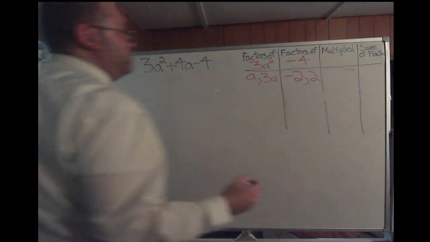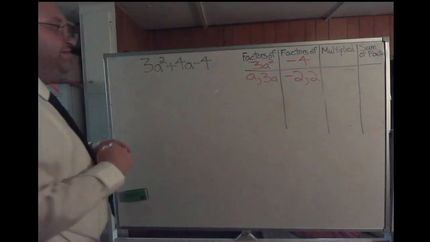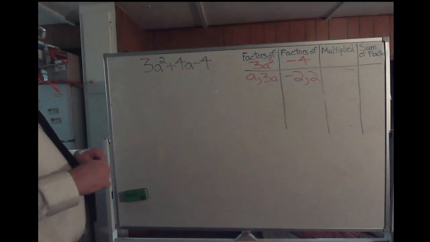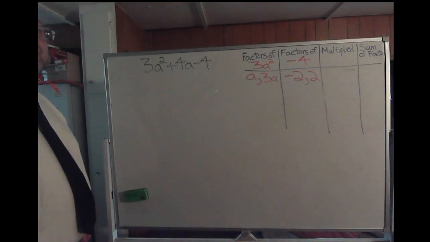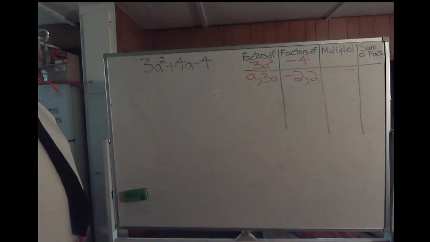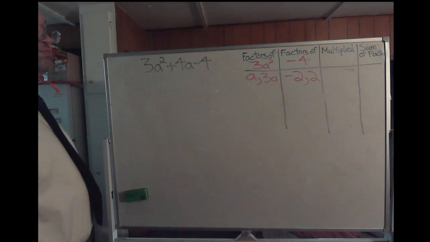Let's give that a try. I have a good feeling about it. Let's do -2 times 2. Again, if you want to go through all the factors, you sure can. But I'm just trying to save us some time here, because I pretty much know how this is going to work. I'm trying to save us a lot of grief of going through each factor, because these problems can get a little long if you do that.